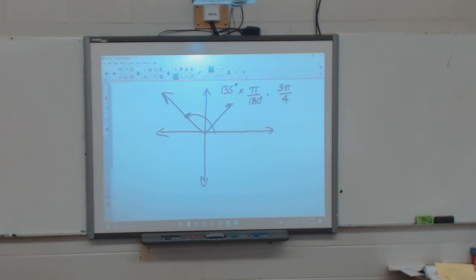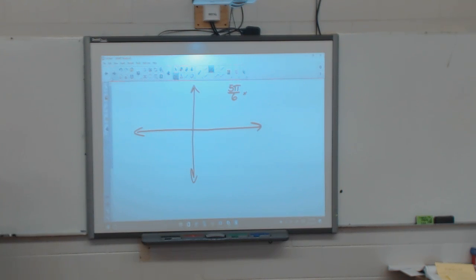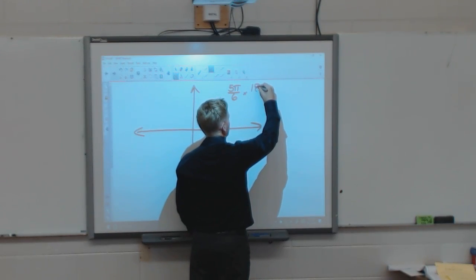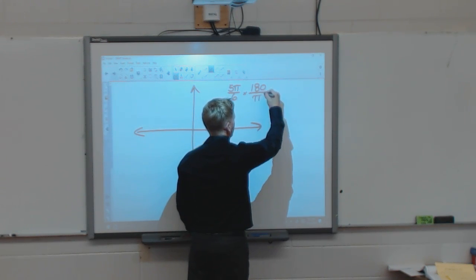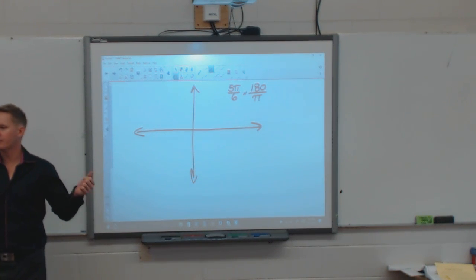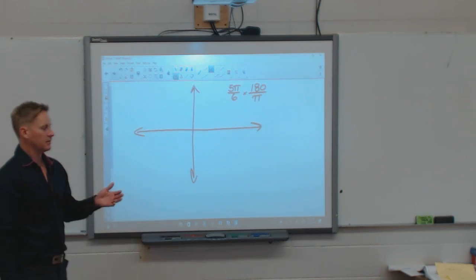Pi over 180. Okay? So what is the ratio going to be now? 180 over pi. You flip the ratio. If I was changing from centimeters to meters, and then meters to centimeters, all I do is flip the ratio in order to get there, right? We've done lots of this.